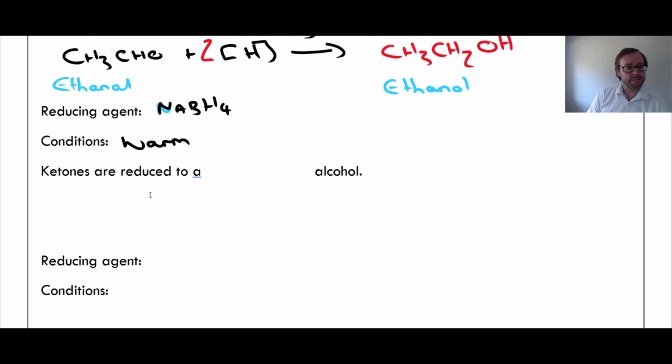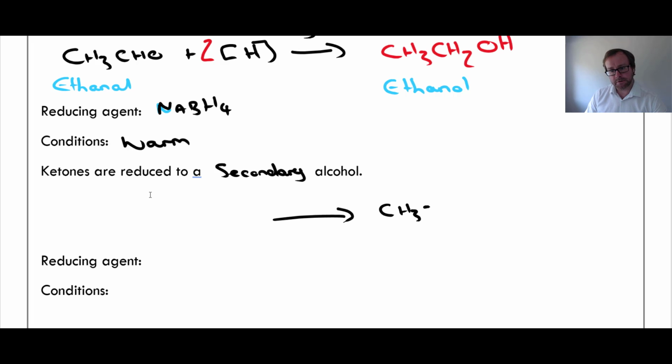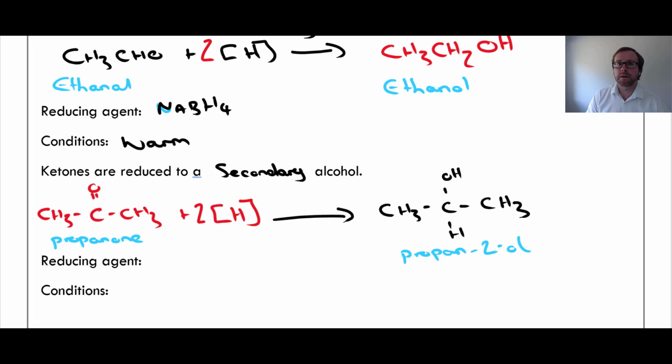Moving on. Ketones are reduced to a secondary alcohol, and this time I'm going to give you the secondary alcohol, and I want you to come up with the ketone it was made from. I'm sure you'll figure this out as well.